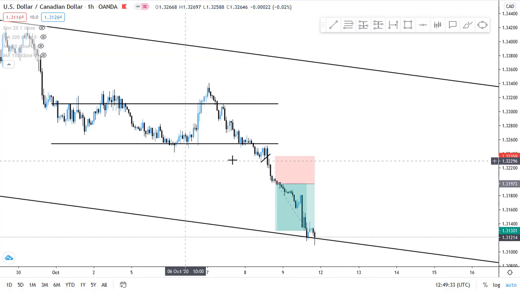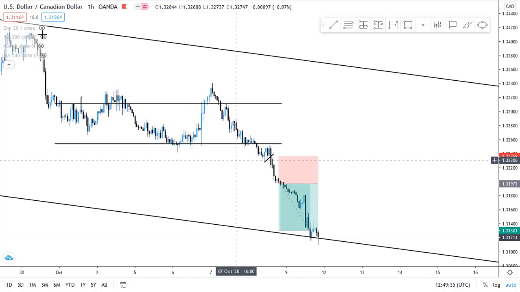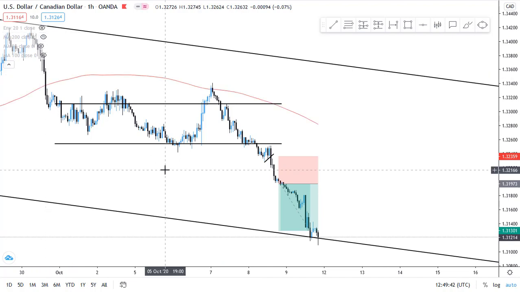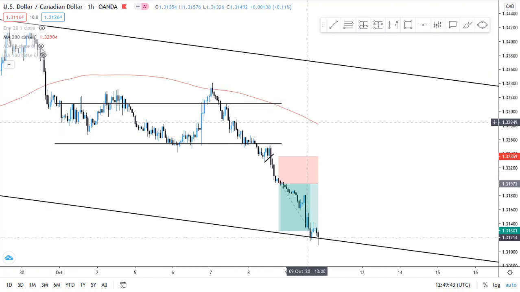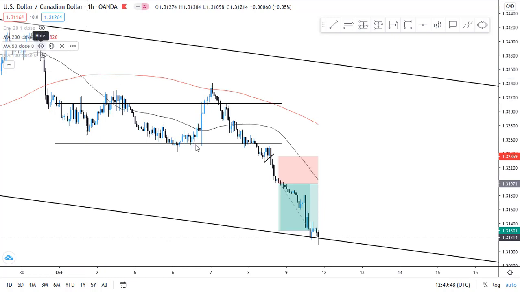So the other one is if I bring on the 200 MA, okay, so that's the 200 MA, and if I bring out the 50 MA, as you can see here, the 50 is the dark one, and the 200 MA is the red one.